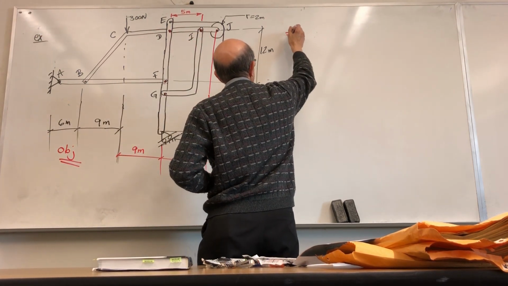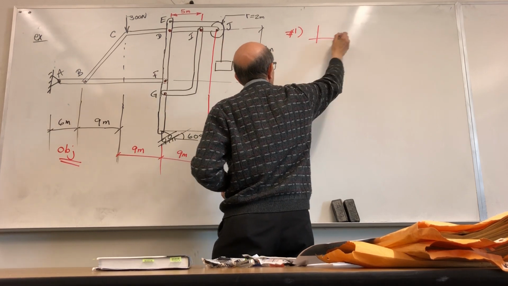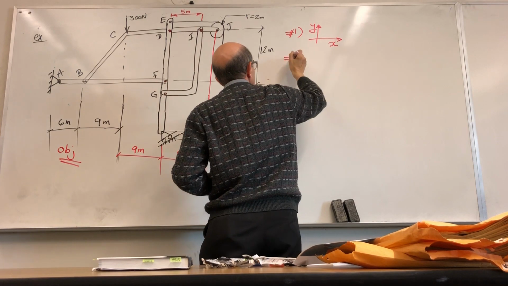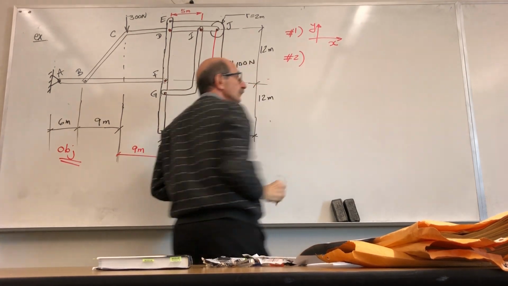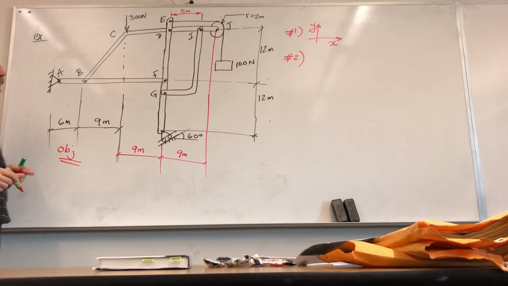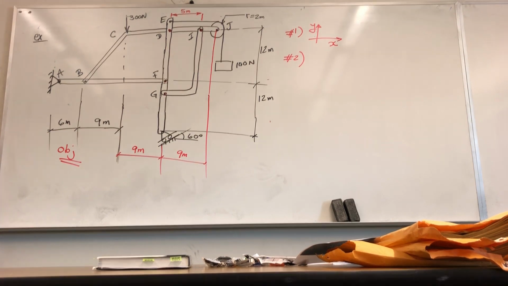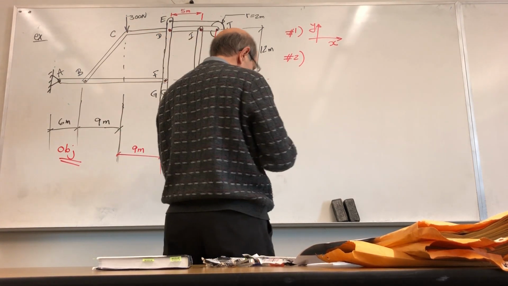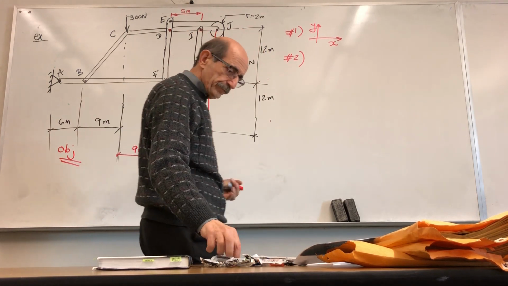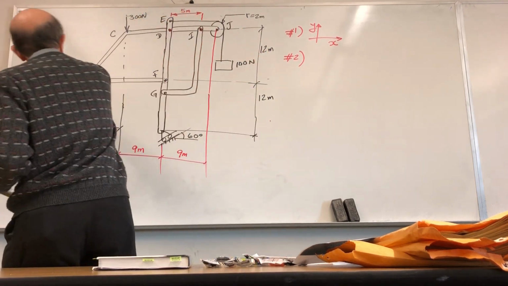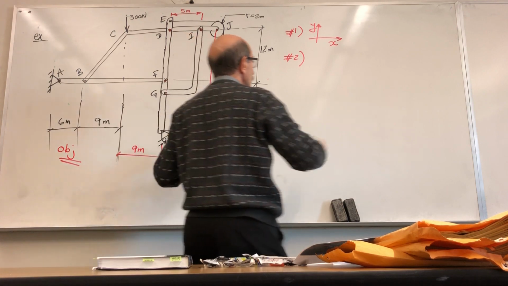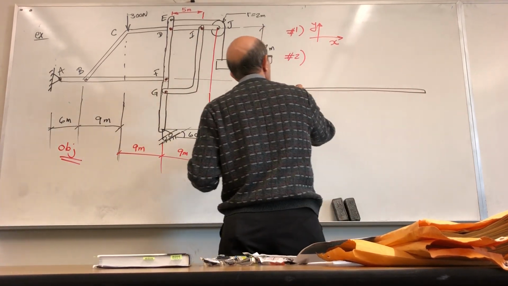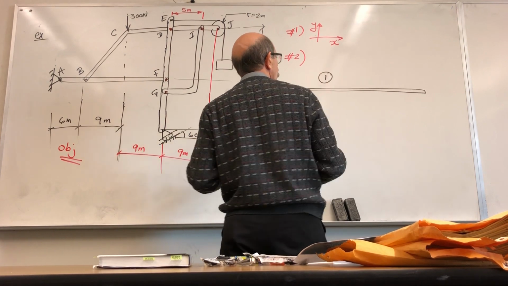Step number one, you set up an X and Y coordinate, right? That's the easy step. Step number two, you start taking all members apart. So that's what I'm going to do. Okay? Start with this member, A, B, F.